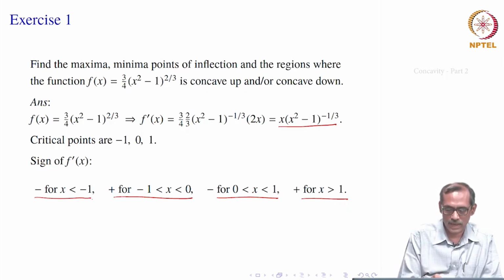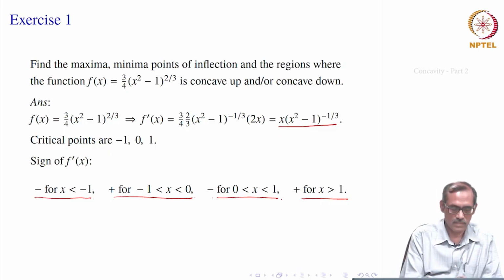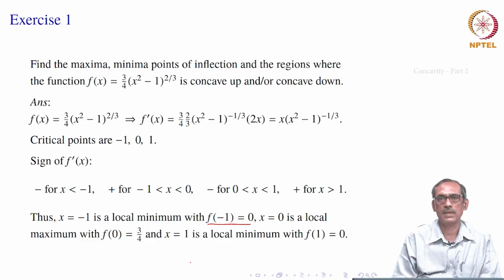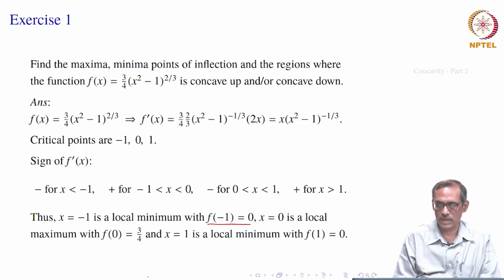So, at minus 1 it is changing sign, at 0 again it is changing sign, at 1 again it also changes sign, right. So, that means x equal to minus 1 is a local minimum, it changes from minus to plus and its minimum value is f at minus 1 equal to 0. So, 0 is a local minimum value, and the local minimum point is x equal to minus 1.